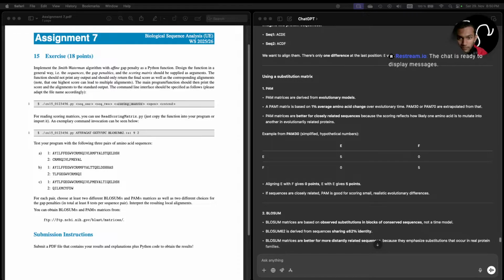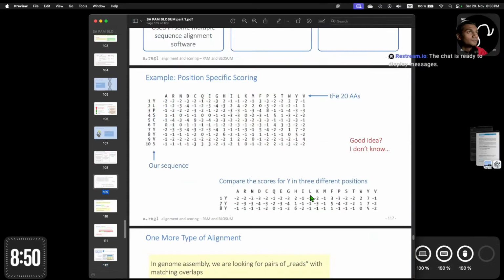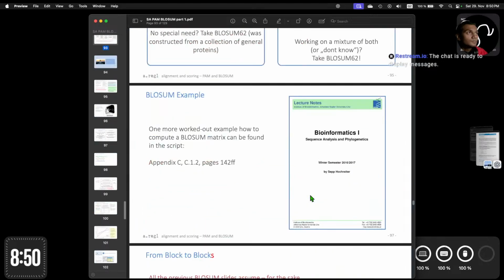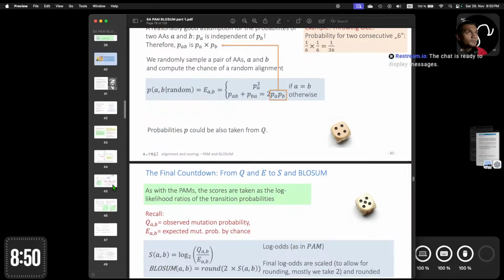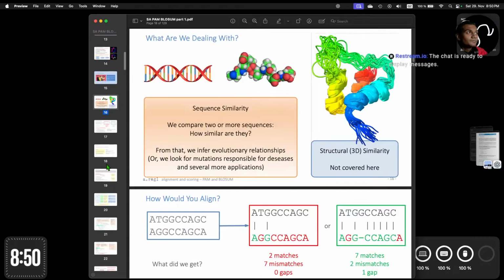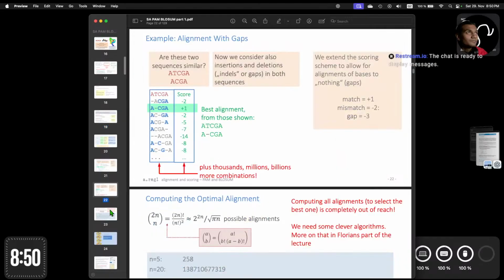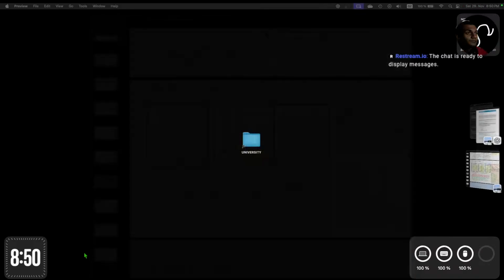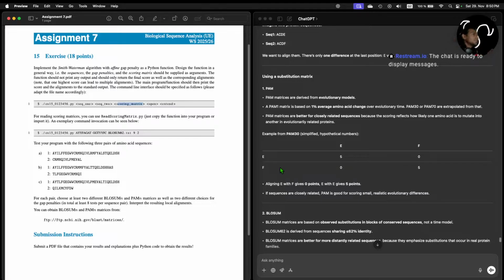It's PAM, BLOSUM. I think I have to read this. Yep. Gosh.